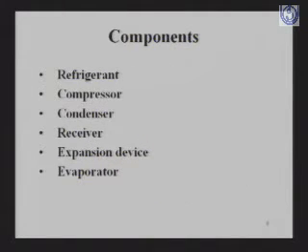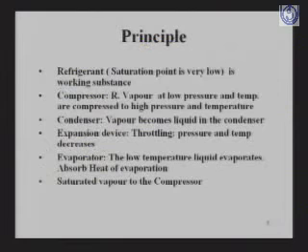What are the important components of a refrigeration system? The important components are refrigerant, compressor, condenser, receiver, expansion device, and evaporator. Now what is the principle? The main thing is that refrigerant is the working substance.